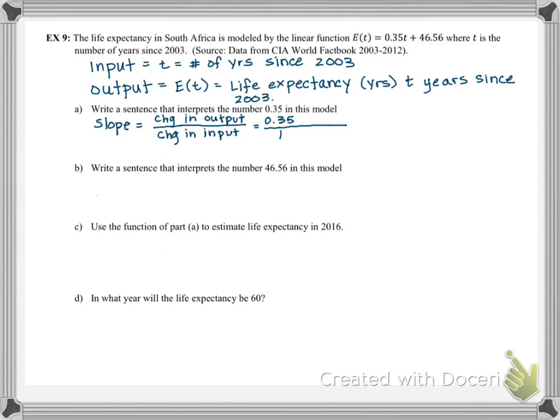But the output is measuring life expectancy, so it's like years of age. So we'll write years of age, just to remind ourselves which is which. And then our input is measuring years, like, of time passing.